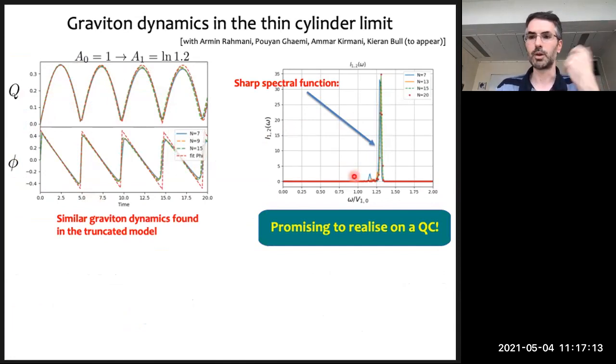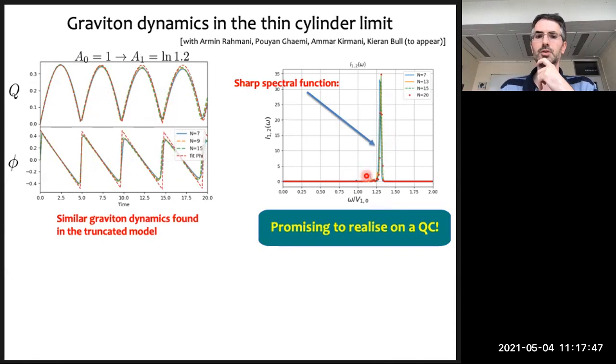And again, we can look at the spectral function to confirm that indeed there's a quadrupole degree of freedom with spin 2. That's the dominant contribution to this dynamics, and the energy of that degree of freedom precisely sets the frequency of these oscillations. So that's nice because we preserved some of the physics in a much simpler model, and that's something that we can hope to put on a quantum computer.